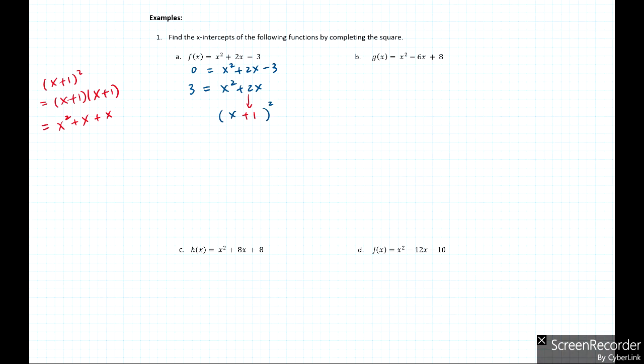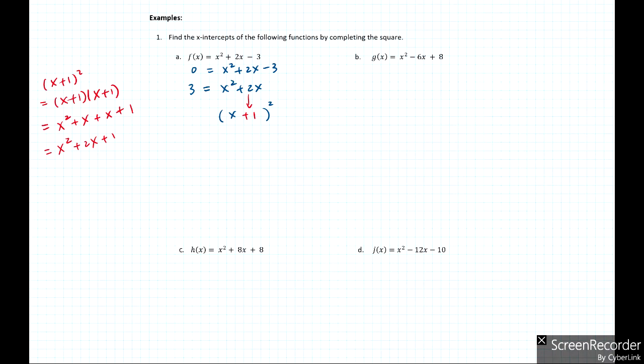And lastly, for the last term, we have 1 times 1, which is plus 1 over here. And then we can see in order to create a 2x, I only need to have half of 2 inside the parentheses to be squared. And with this information, you can see if we were to do the FOIL process, we would have x squared plus 2x plus 1.